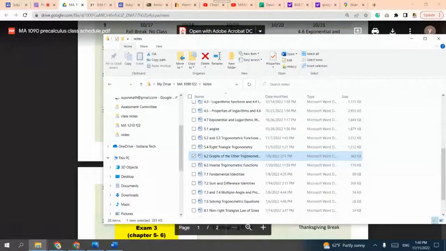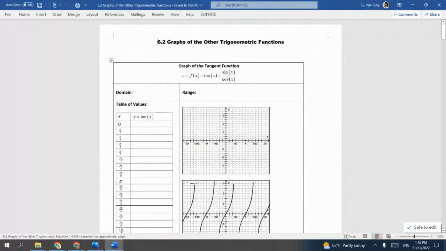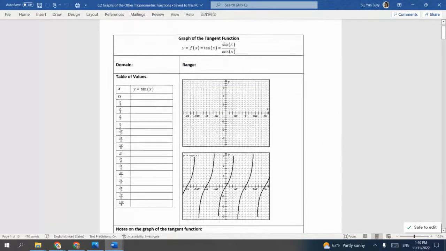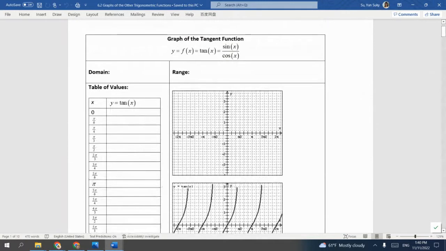So 6.2, the graphs of other trig functions. Alright, first, tangent. How do we get a graph of tangent? Well, imagine tangent is sine over cosine, right, everybody? Sine over cosine. So, do you still remember our special angle values?